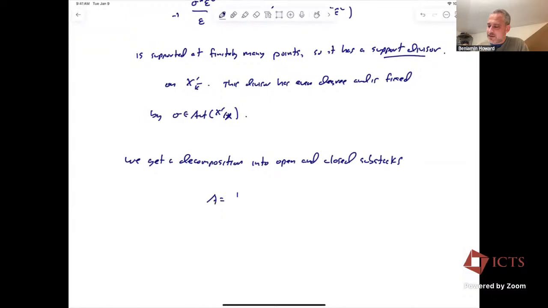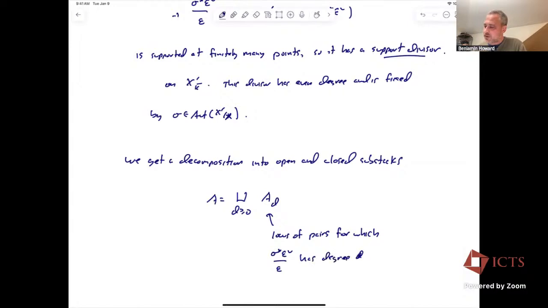A is going to be the disjoint union over D greater than or equal to 0 of AD, where this is the locus of pairs EA for which this co-kernel has support divisor of degree 2D.